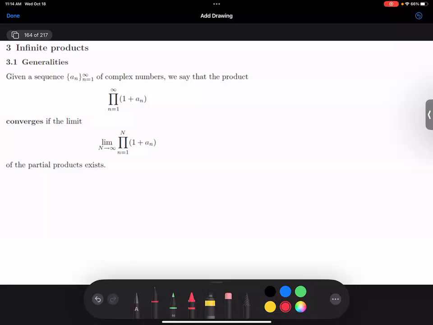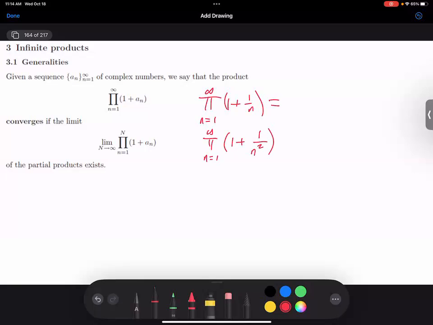So let's start looking at some possible products. Let's look at the product n goes from 1 to infinity of 1 plus 1 over n, and maybe another product.